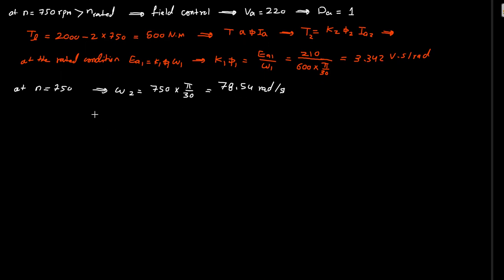So now if we go to the voltage equation, which says that VA is equal to, so let's assume this is VA2, EA2 plus RA IA2. Now EA2 will equal K2 phi 2 multiplied by omega 2 plus RA is already given 0.02 multiplied by IA2.